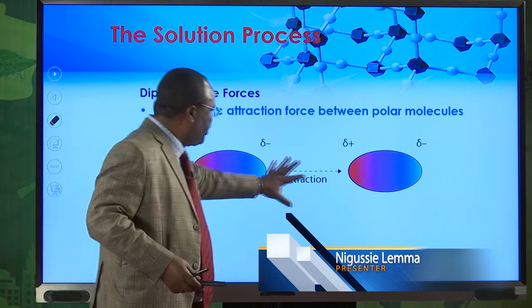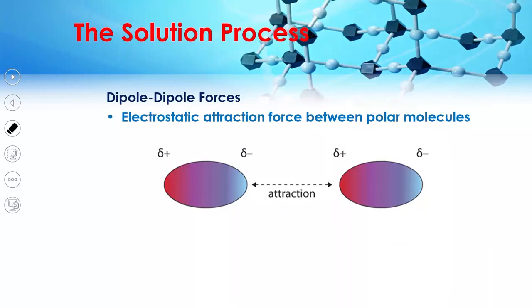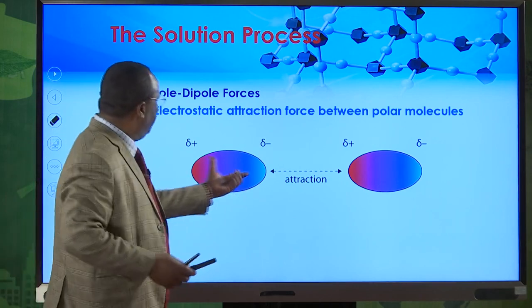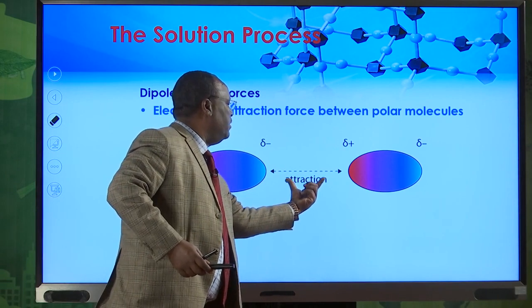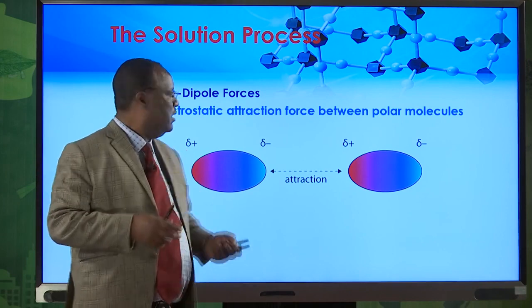So there is electrostatic attraction between polar molecules: the negative end of one molecule attracts the positive end of the other molecule. This force of attraction between the two molecules is what we call dipole-dipole force.